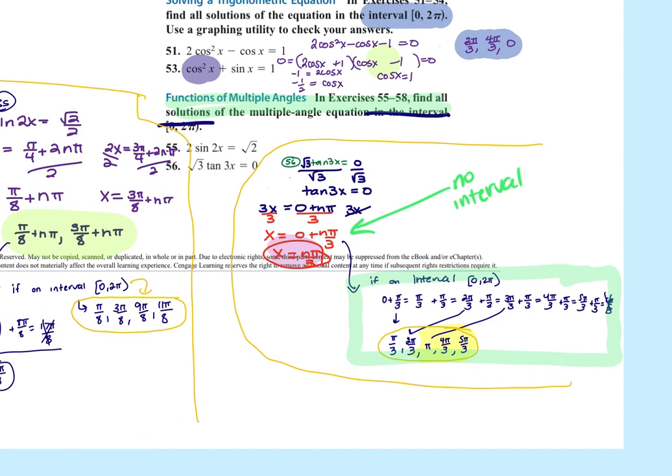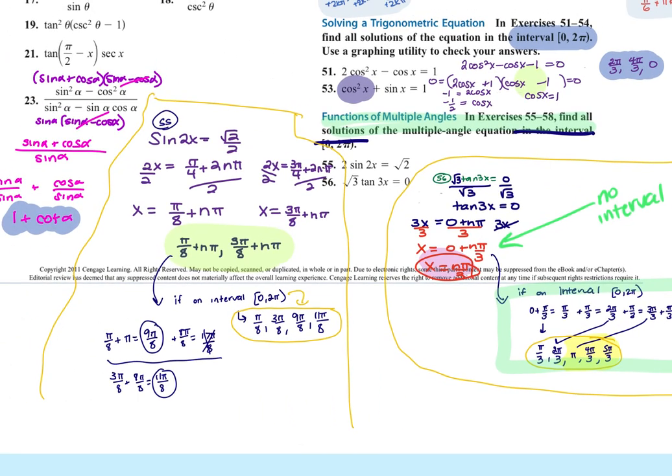If it didn't give you the interval, then you would just find your angle, add the 2n pi or the n pi, and then divide it by the number next to x, or multiply it times the number under x if it was a division thing. But if it does give you the interval, remember you have to do what we just did, but then you actually have to find the angles that fall between 0 and 2 pi. So I'd take that n, make it 1, and I would keep adding pi over 3.